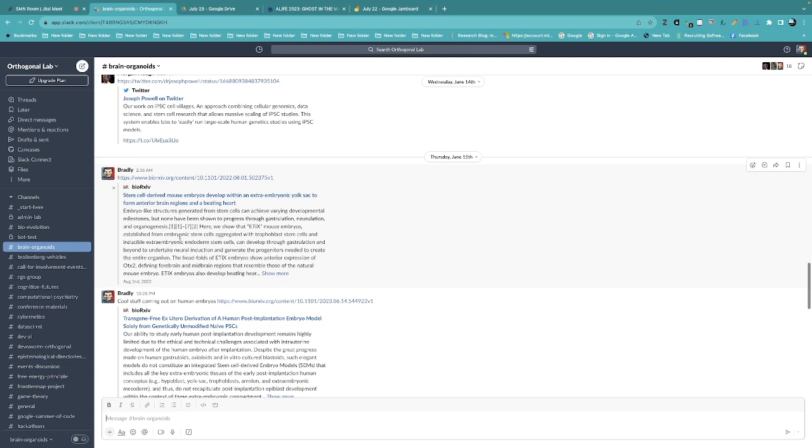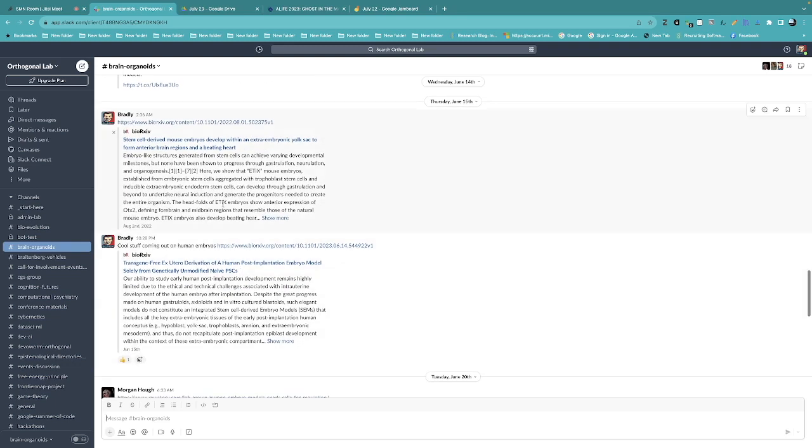They get trophoblast stem cells and put them in there as well. And then they can put this in the right medium, and they can stimulate this sort of morphogenesis. So these ETIX mouse embryos can develop their gastrulation and beyond to undertake neural induction and generate the progenitors needed to create the entire organism.